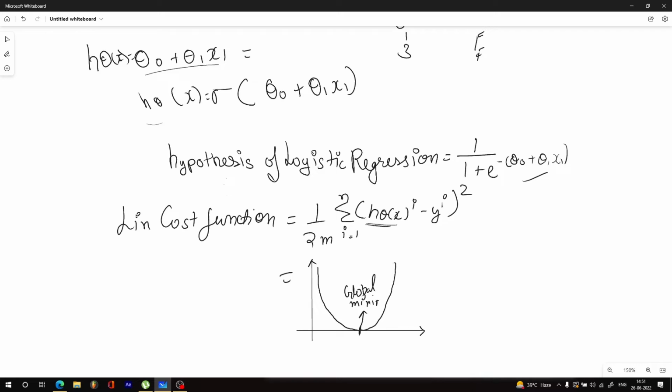But the problem is, after applying this cost function to the logistic regression hypothesis, what graph do we get? Let me draw it in the next area.